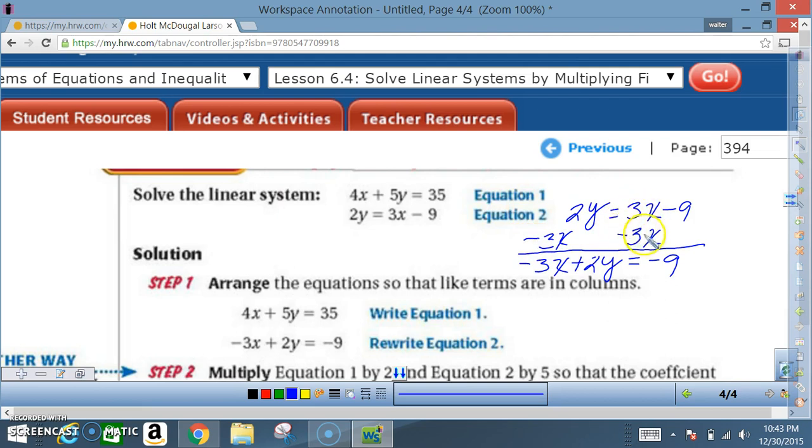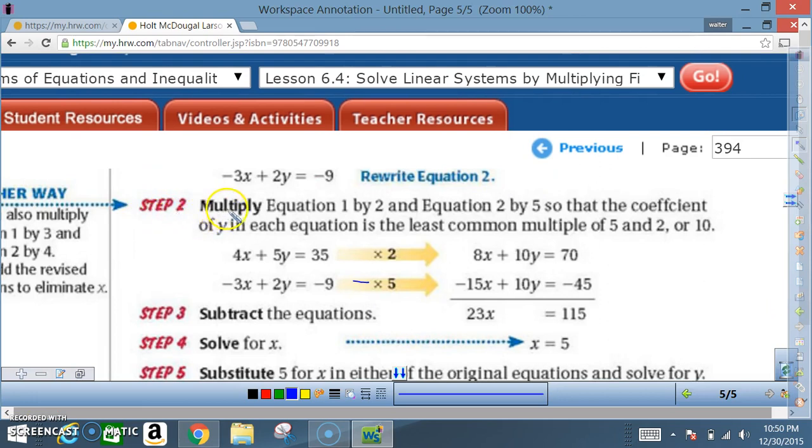Positive 3x when combined with a -3x, it's gone. -9 is by itself. I realize that I cannot add or subtract 2y and 3x, so all I can do is represent. Since we're writing the x first, we're going to put the x first down here. -3x plus 2y is equal to a -9. That's what they have there. There to there.